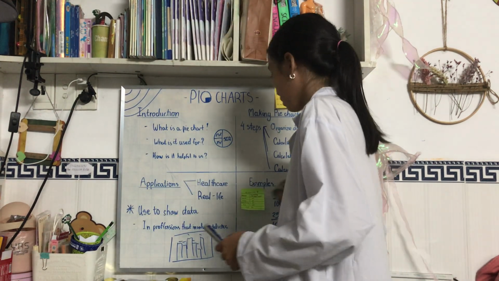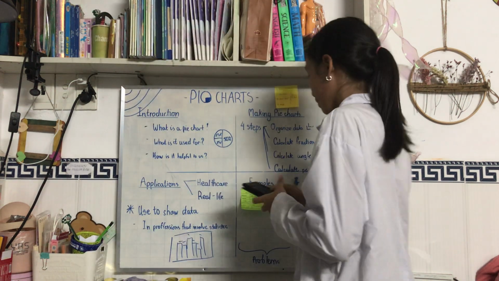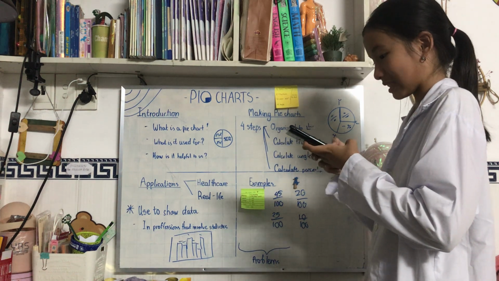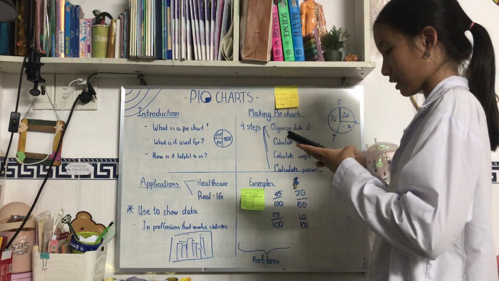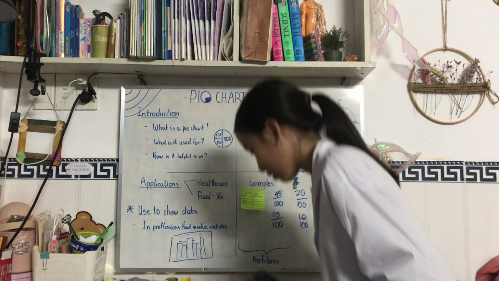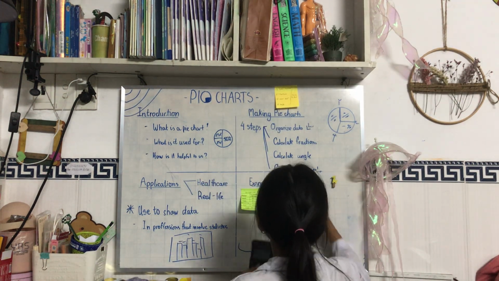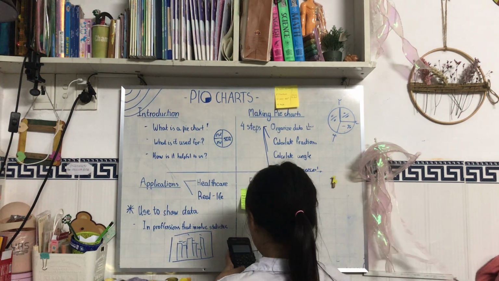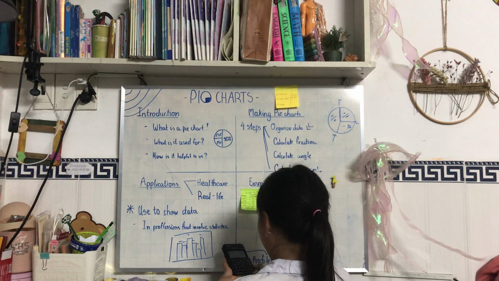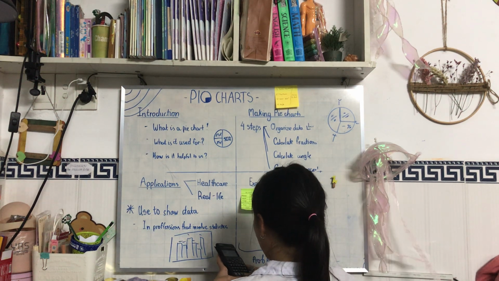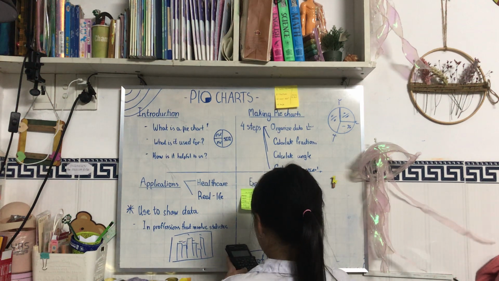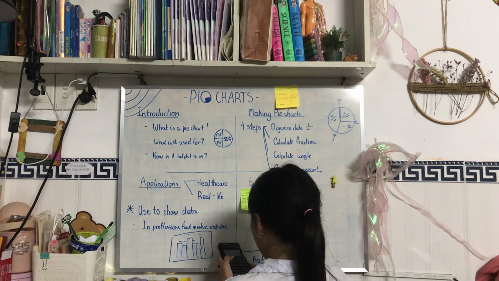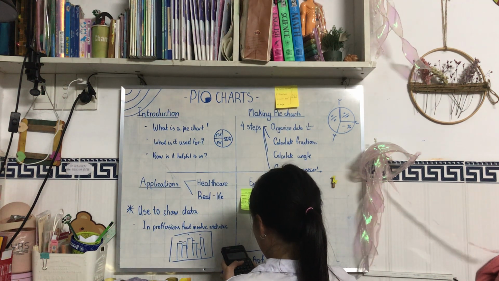Well, I will use a calculator here so it will be faster and we could save more time. 45 over 100 times 360 degrees will equal 162. Then we will take 25 over 100, and then we will multiply by 360.